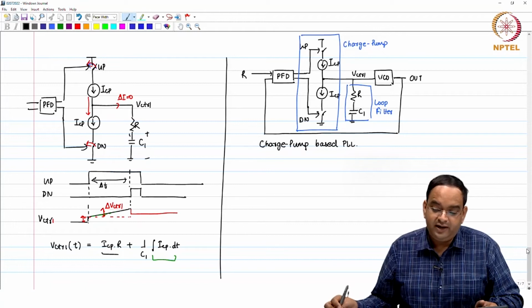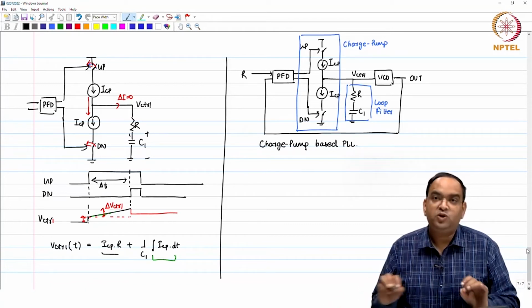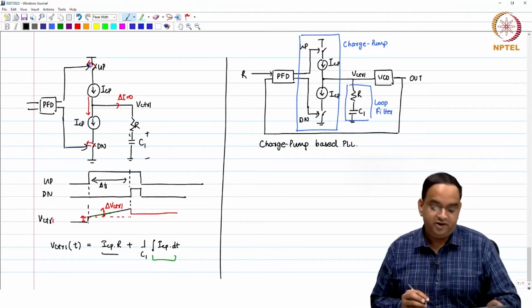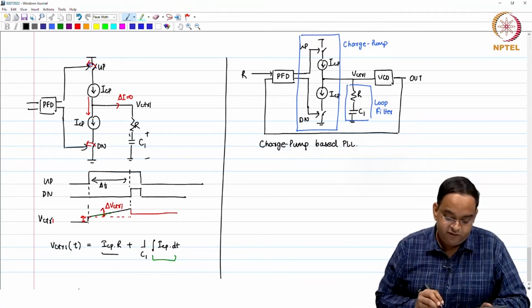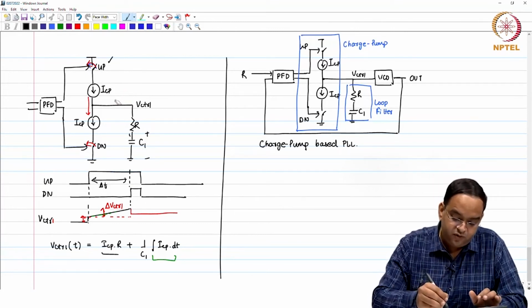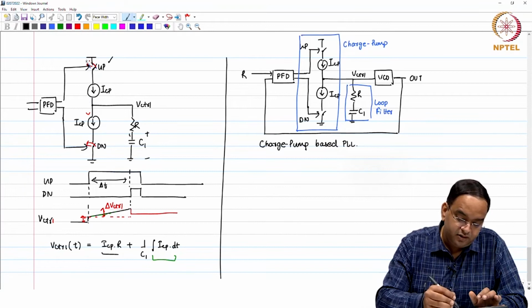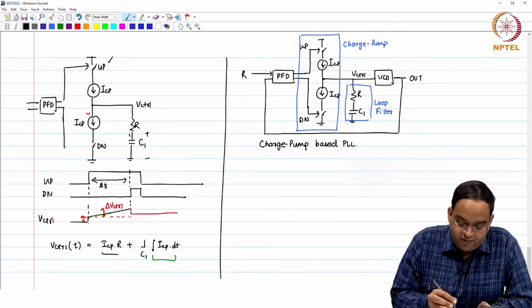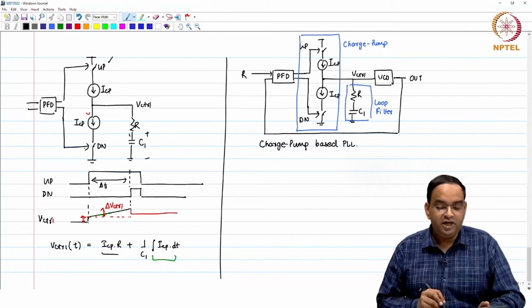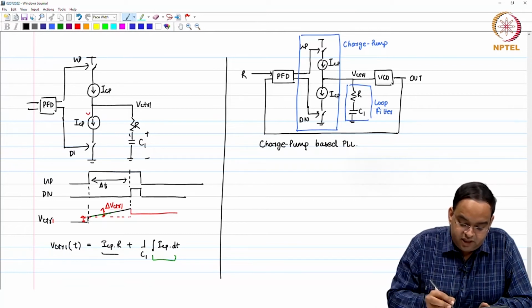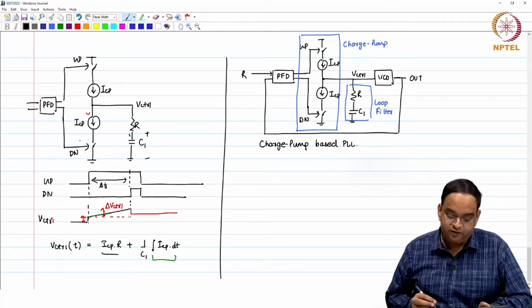Now, in order to analyze it, we need to know the gain of this charge pump. So, this is a little tricky here, that if you look at PFD plus charge pump just here, let me remove these. So, these are up and down signals which are controlling the switches. So, this is up, this is down, you have ICP and so on.